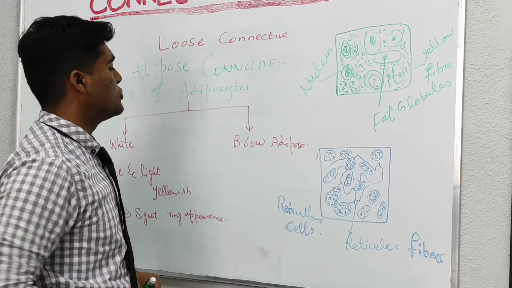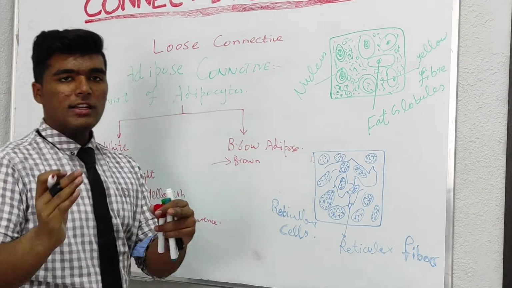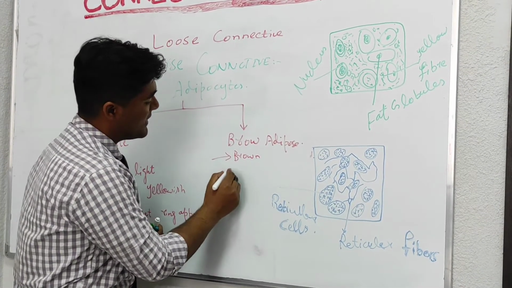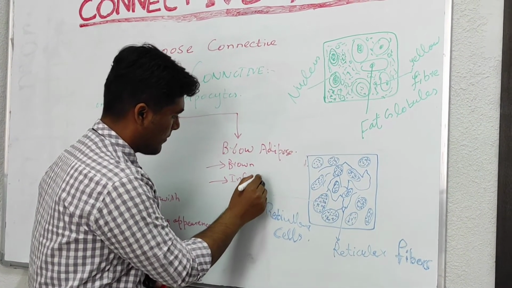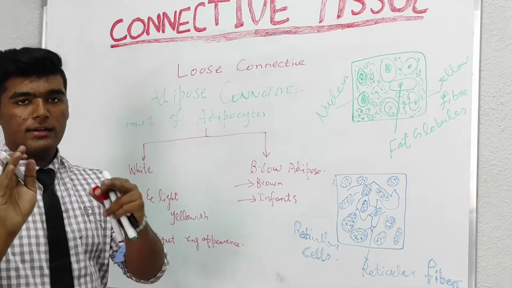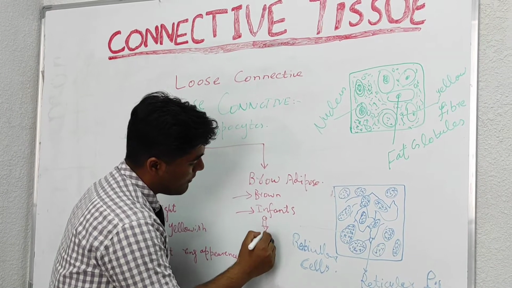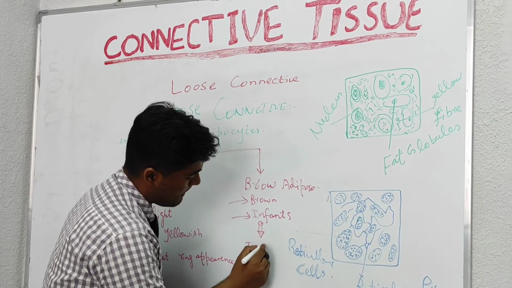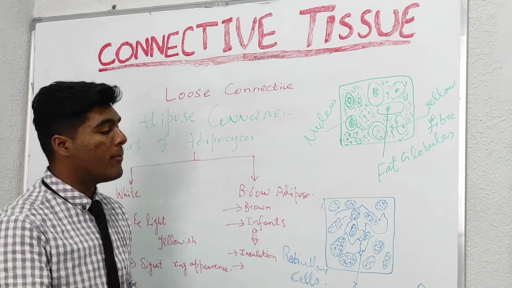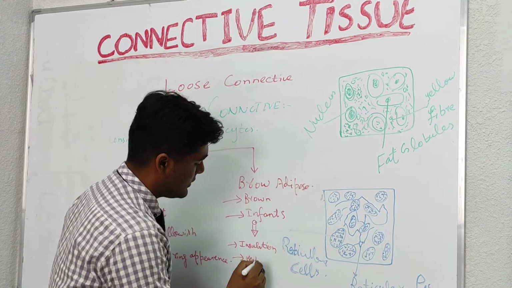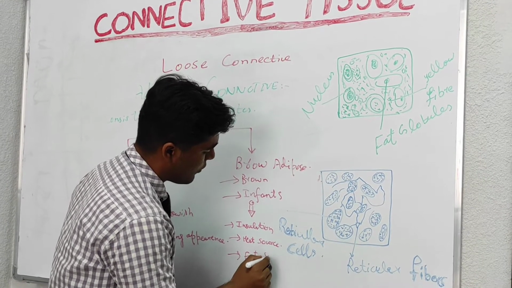Talking about brown adipose tissue, it appears brown to the naked eye, and it is present mostly in infants and small children. What are the main roles of brown adipose tissue? First is insulation, second is providing heat to our body as a heat source, and third is as a form of fat storage.